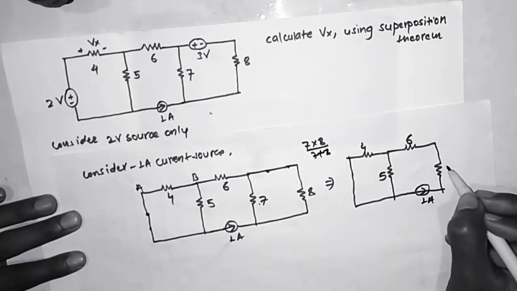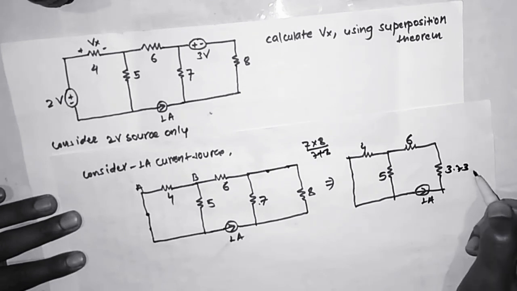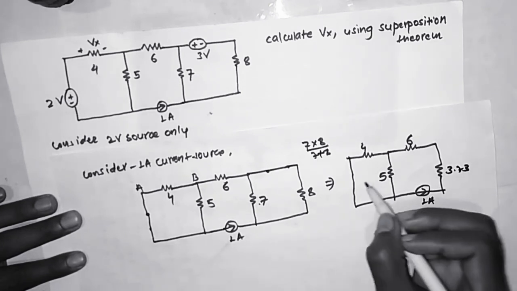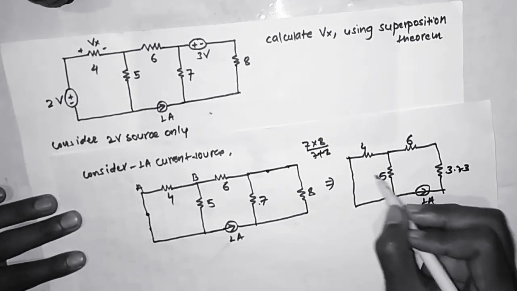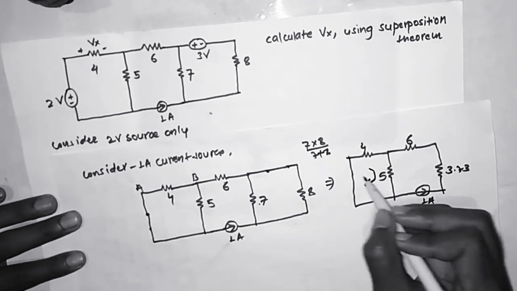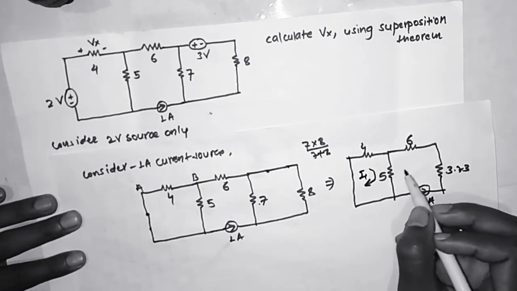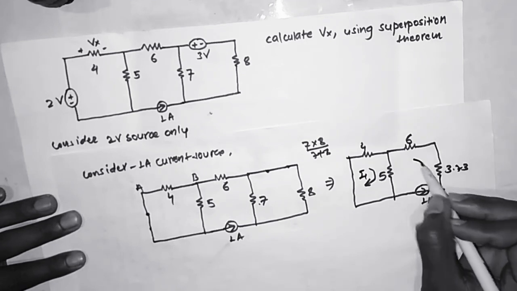On simplification we get 3.73 ohm. Now assign this as I1 and this as I2.